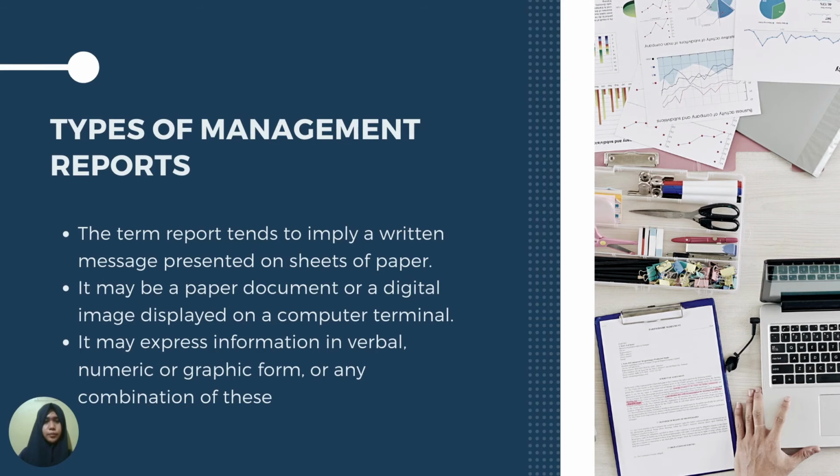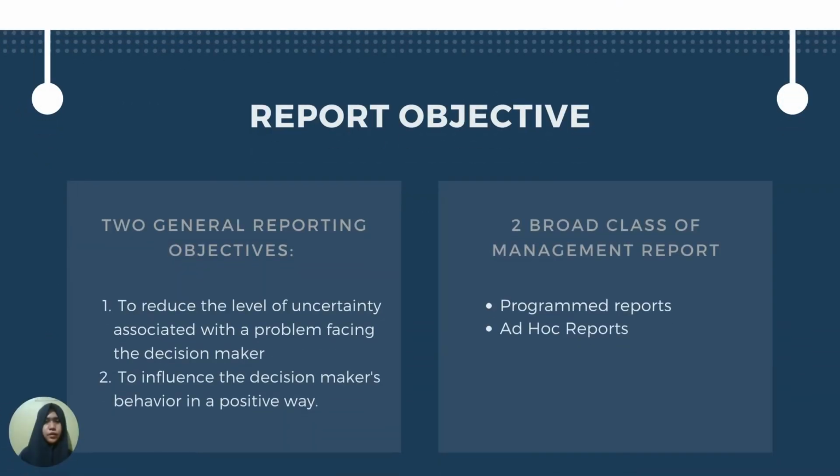So the term report tends to imply a written message presented on sheets of paper. It may be a paper document or digital image displayed on a computer terminal. It may also express information in verbal, numeric, or graphic form, or any combination of these. Next we will know about the report objective, and we have two general reporting objectives here.